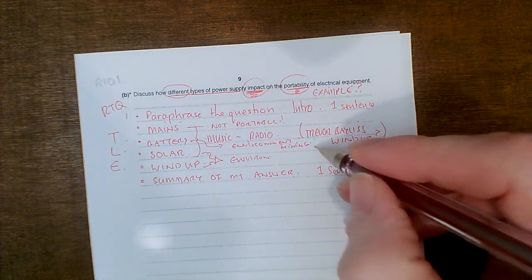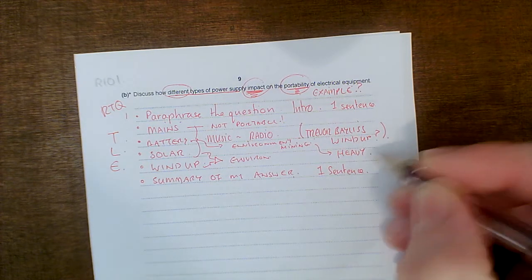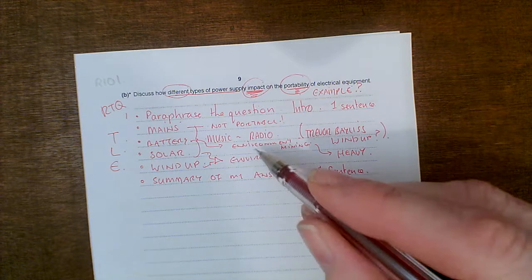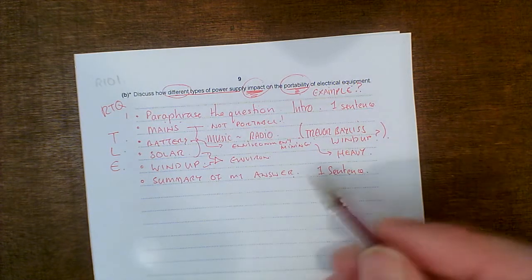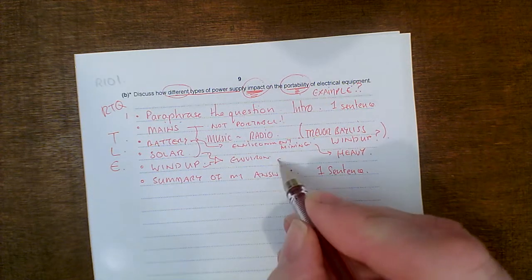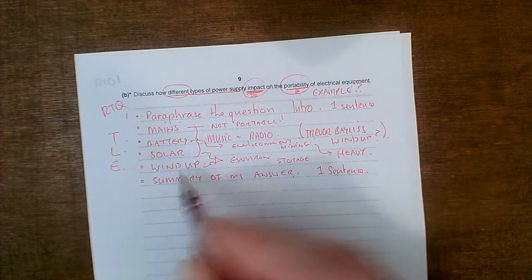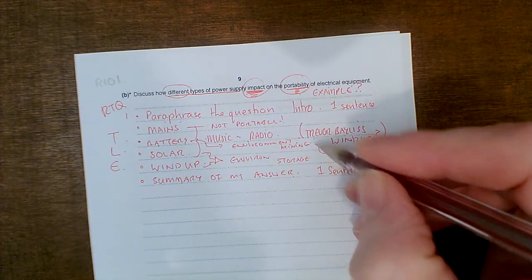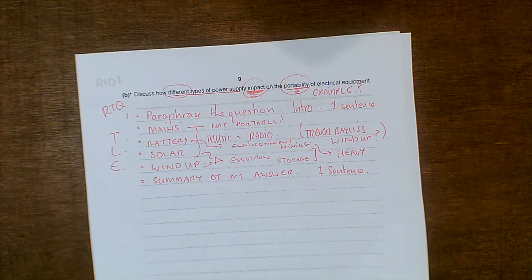Mains is not portable. Batteries can be quite heavy, and you have to physically carry the battery, whereas with solar, and to some extent the wind-up, you don't have to carry batteries, although you might have some sort of storage for when it goes dark, or the wind stops, or when you can't wind it up. So there are a few points in there that I can discuss in my essay.